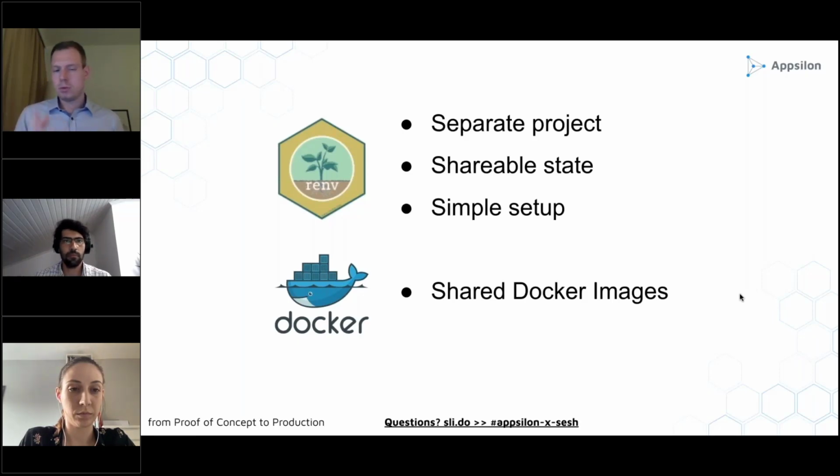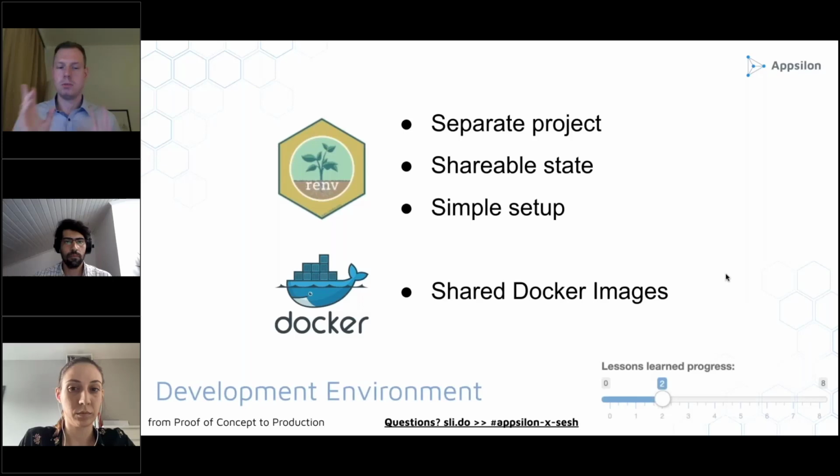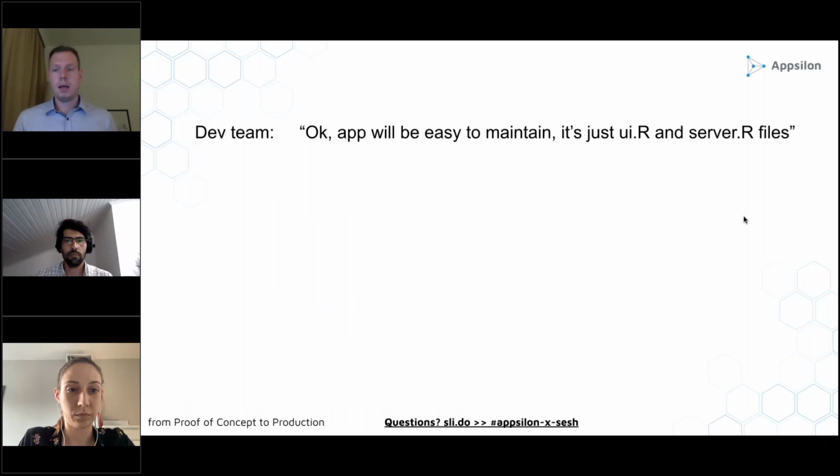But what you should definitely do is start any project, any code that you are doing, with a project and environment, and then if needed, add the Docker. So this is our lesson learned number 2. Development environment is key to be able to deliver a production-ready application.